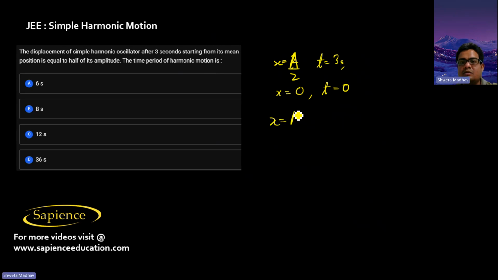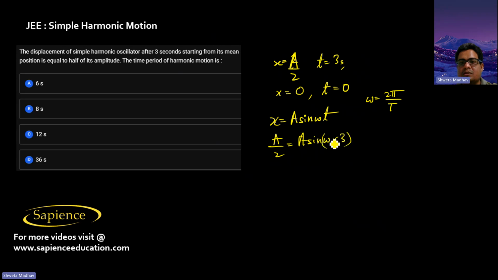We know that x equals a sine omega t, where omega is 2 pi by T, and T is the time period of the oscillation. So a by 2 is equal to a sine(omega into 3), at t equal to 3.